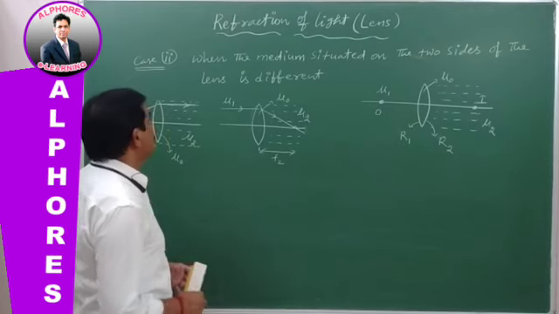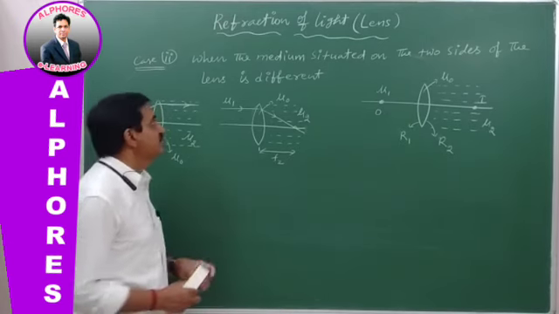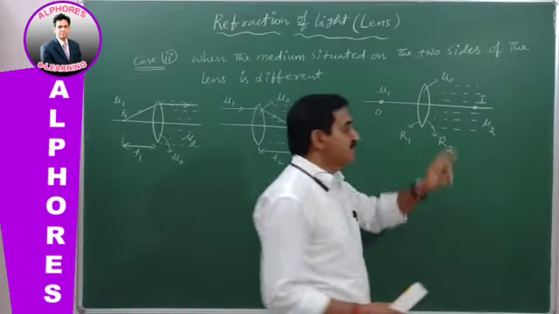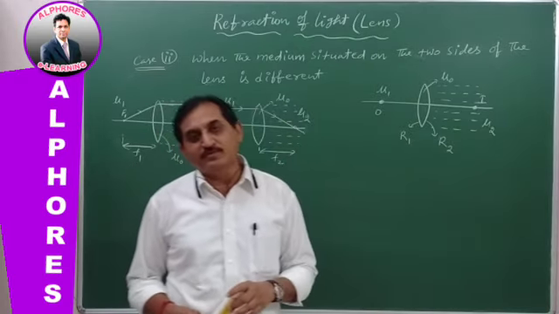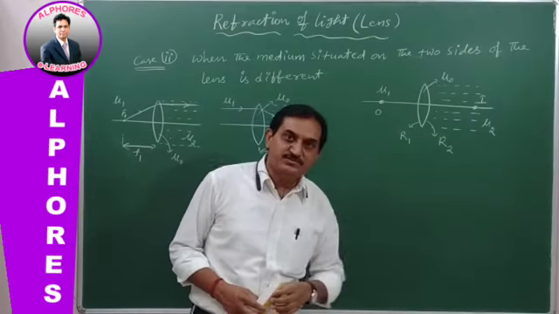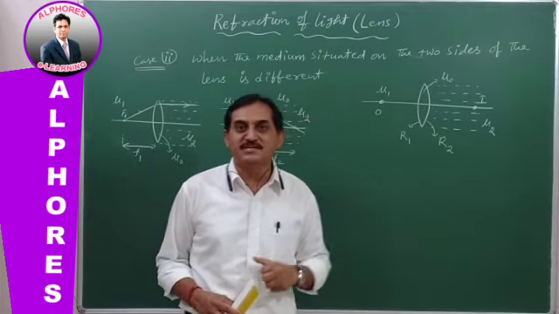In case 2, when the medium situated on the two sides of the lens is different, the distances of the focus points will not be equal, already discussed. And one more point, the lens maker's formula is not valid in this case. Then how can we solve this problem? This type of question is asked.